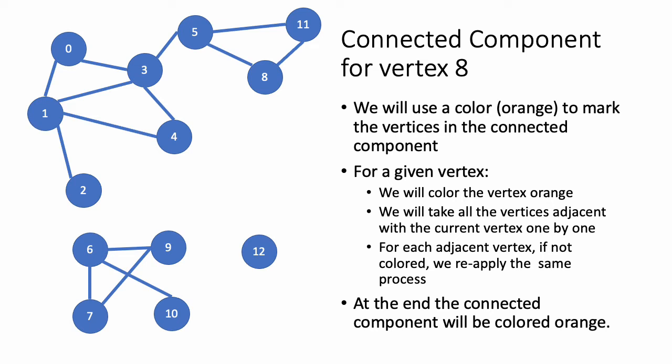So this sounds like a recursive method, and that's how it will be implemented. And at the end, after we covered all possible paths starting from the initial vertex, I will get my component colored in orange. And all the others will remain not colored, let's say blue in this example.